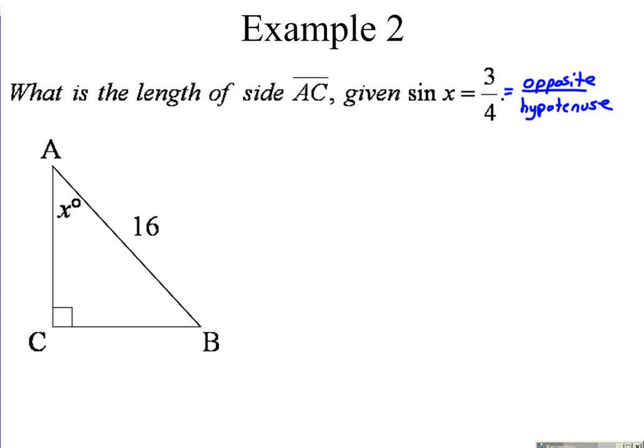So if we set up a ratio here, 3/4 equals, that ratio has to equal our ratio of the side opposite to the hypotenuse here in the triangle.